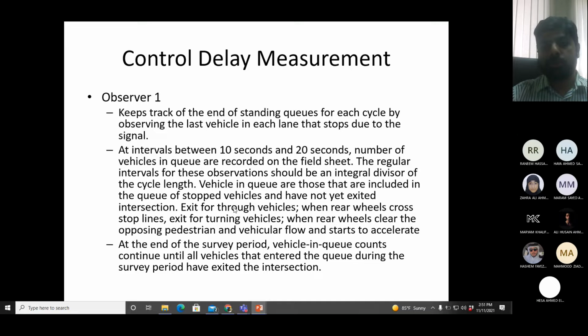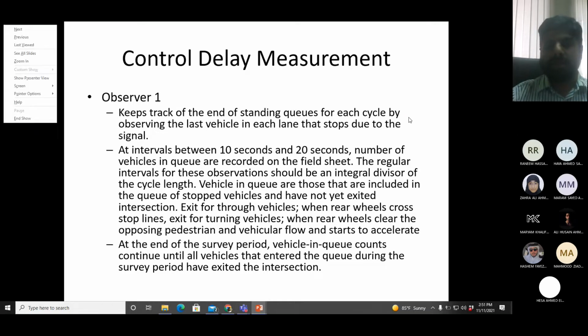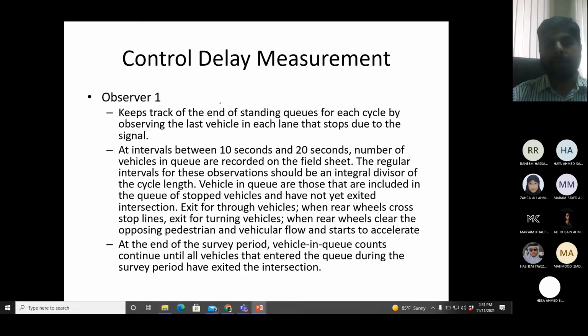If a car is going straight, until it crosses the stop line, it is considered part of the queue. If a car is turning towards the side, until it reaches the other side, it will be considered part of the queue.